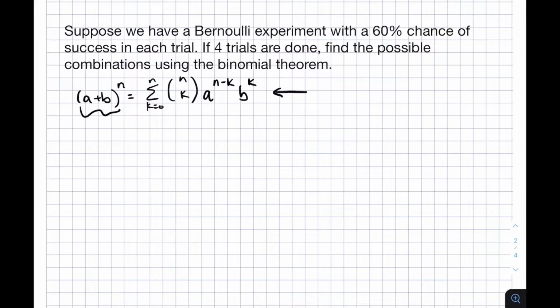To find the combinations from this Bernoulli experiment, we need to do (p + q) to the n expanded using the binomial theorem, and the coefficients of the resulting expression will be our combinations. So if we sub in the values that we know, n is 4, so we'll have 4 choose k, a is p, and b is q.